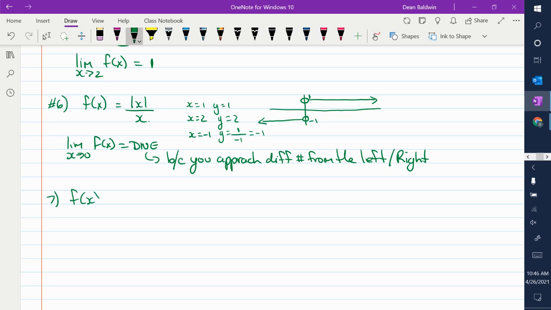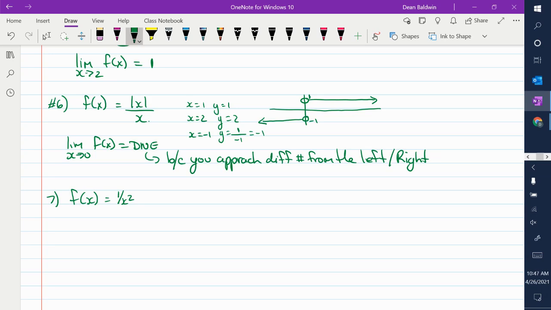Here's our function. 1 over x squared. Anybody know what that graph looks like? What happens at 0, though? That's the key.